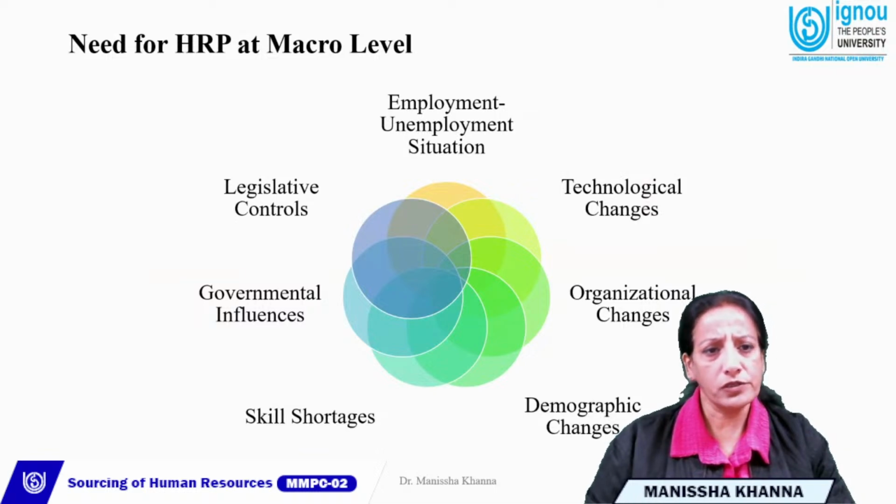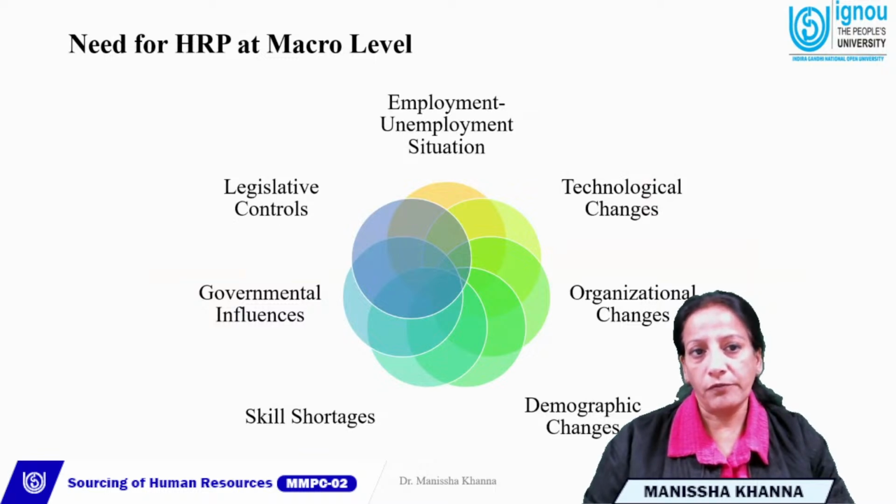When we talk about skill shortages, here we focus on the skill development of the existing employees and the skilled manpower which is required in an organization due to rapid technological changes or maybe for any other reasons.